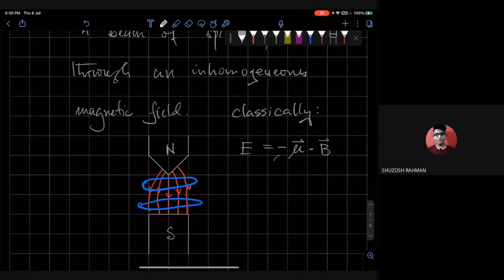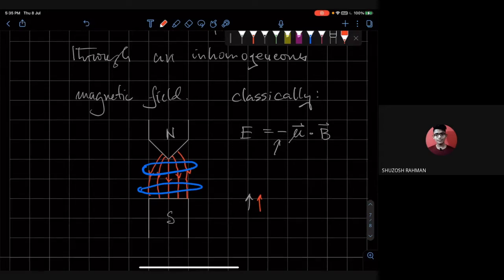This minus sign ensures that when the magnetic moment is parallel to the magnetic field, the energy is lower than when it is anti-parallel.